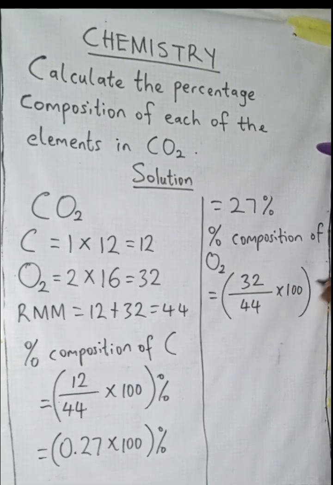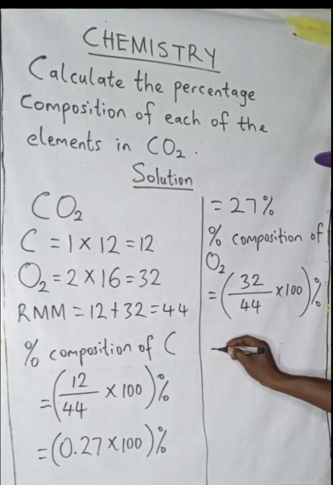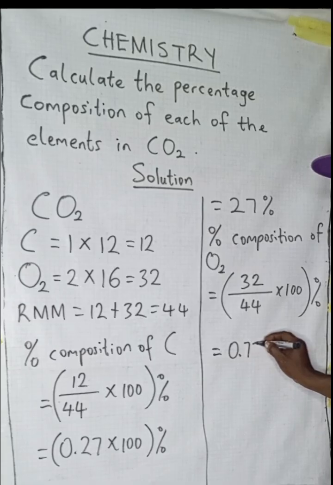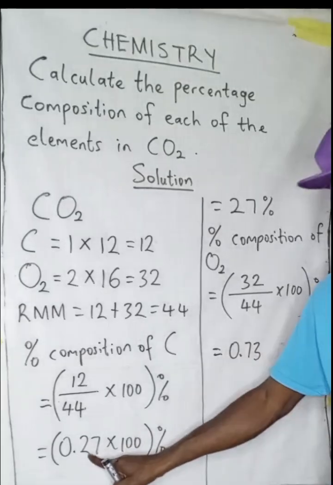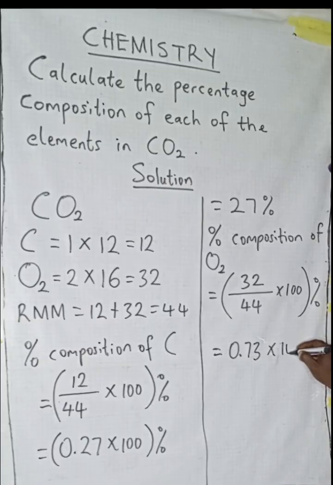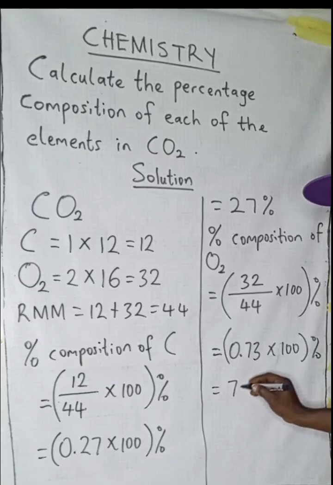Of course, it will be in percentage. If you divide the fraction you have here, you're going to have 0.73, to two decimal places, times 100. It will be in percentage. And when you multiply here, you have 73%.